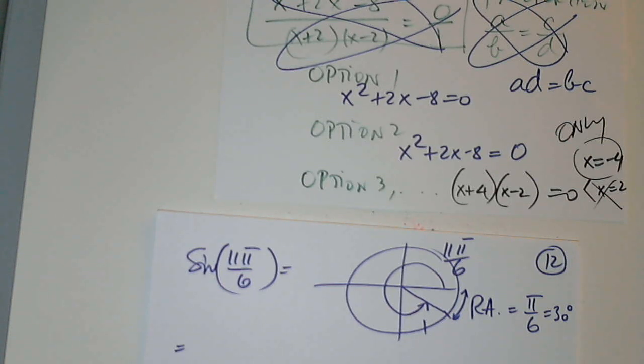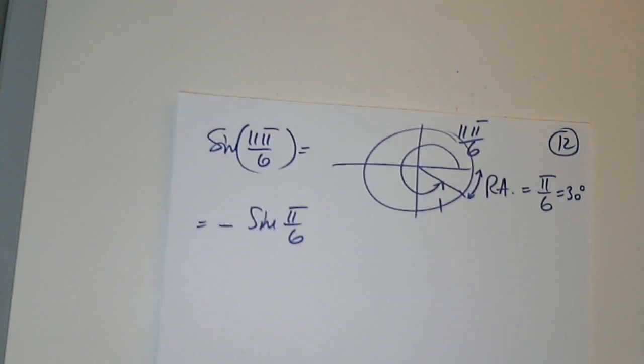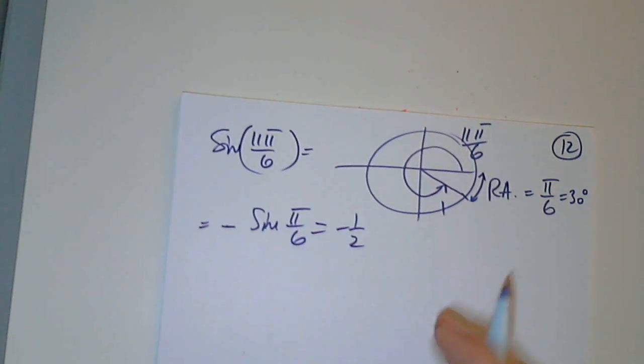So that would be negative sine of the reference angle. So now we think in terms of sine of pi over 6, which is the smallest angle. 1/2. Yes, indeed. Thank you very much. So this will be then negative 1/2.